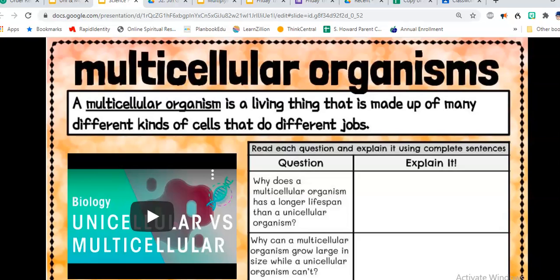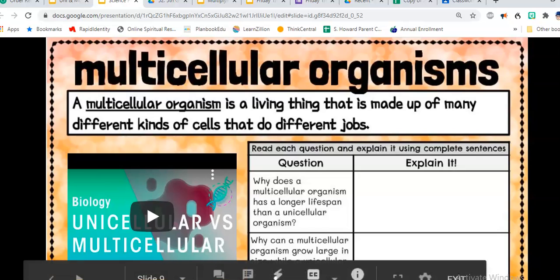It has a limited area that its body covers, and it's just not very big. Whereas a multicellular organism has multiple cells, and so they can combine to make a bigger organism. Okay, and you can re-watch that video if you want to explain that yourself, or you can re-listen to what we have talked about here.